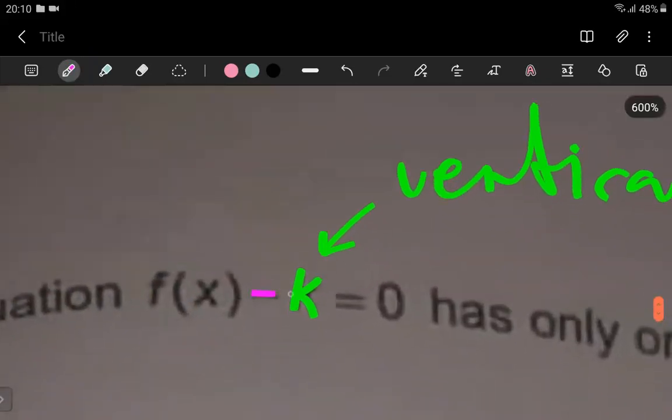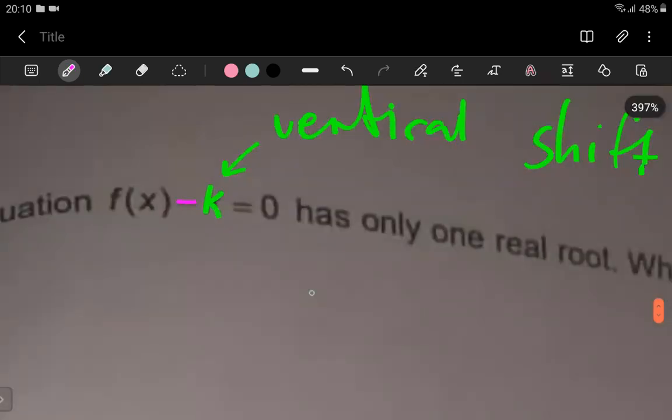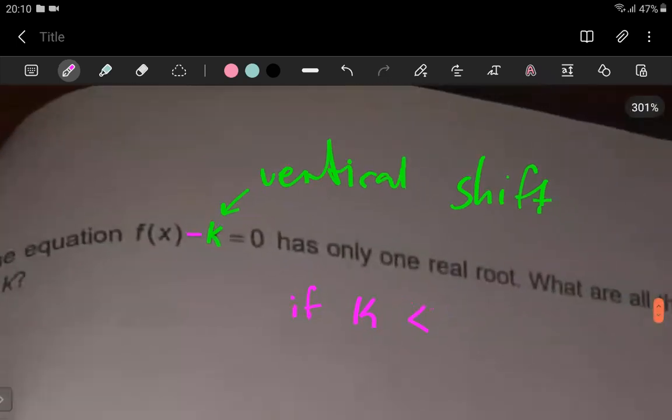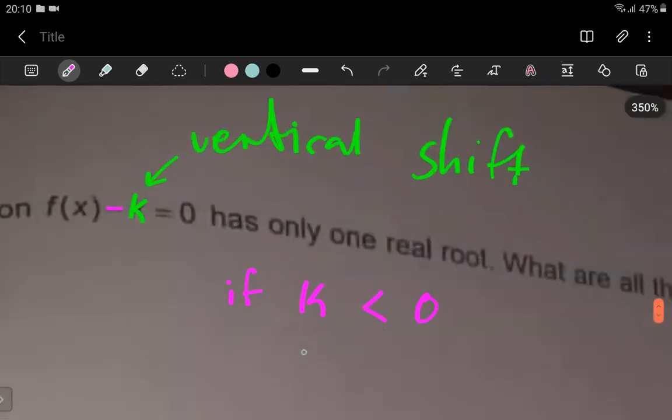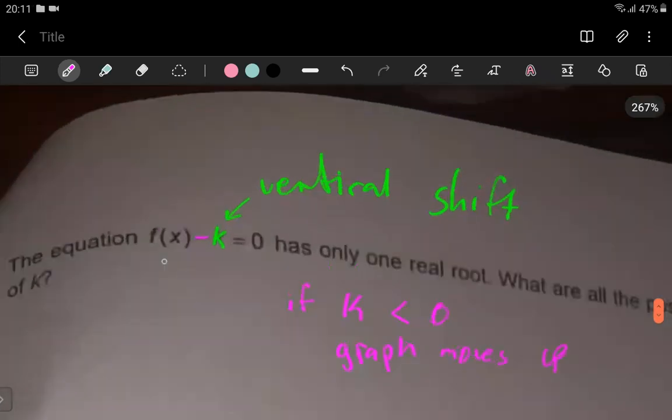Because of this minus, if k is a number smaller than 0, the graph moves up. The reason is that a negative value for k times this minus symbol gives a positive number, meaning you will be saying f of x plus a value. If you're saying f of x plus a value, your graph will be going upwards.